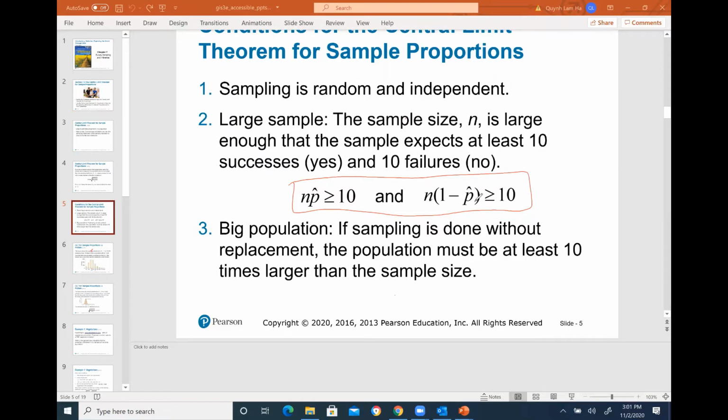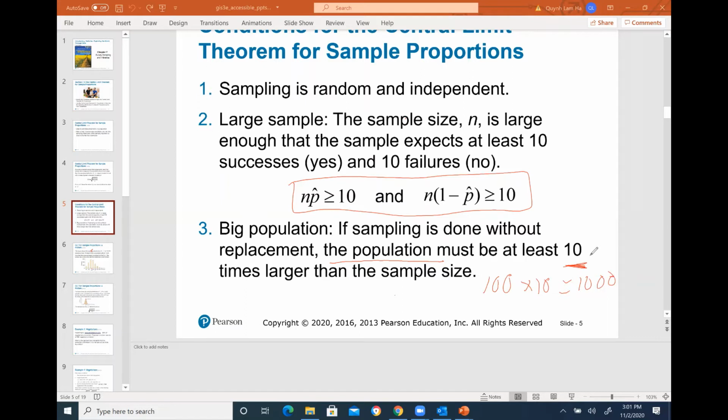Number 3, you have to make sure about the population. You take 10 and multiply with the sample size. Okay? Just check the value after you compute. For example, the sample size is 100. You take that 100 multiplied by 10, which gives you 1000.